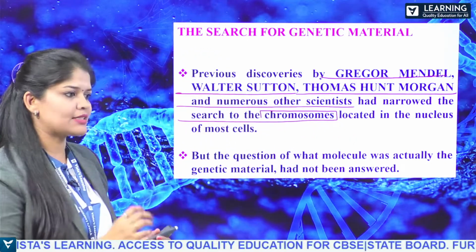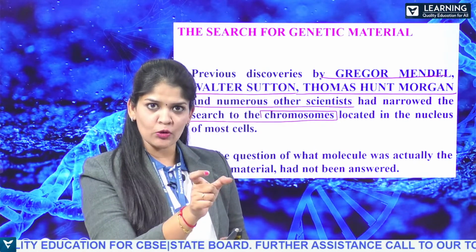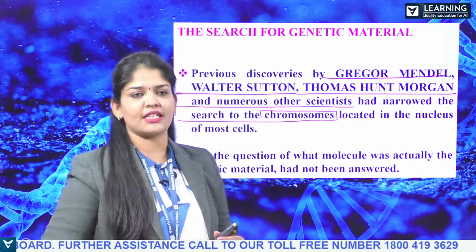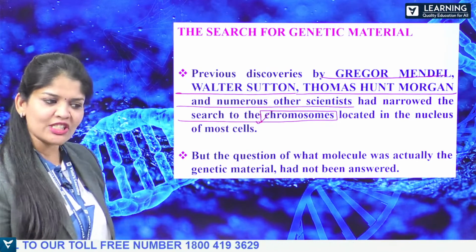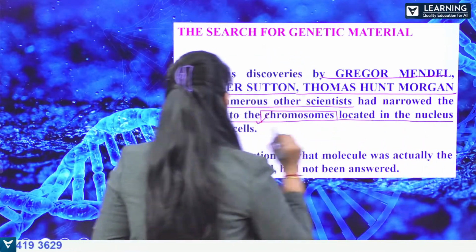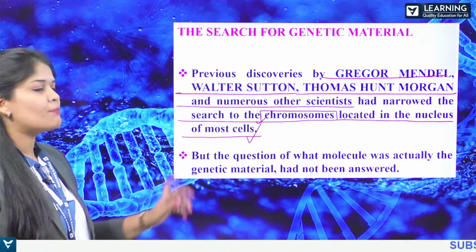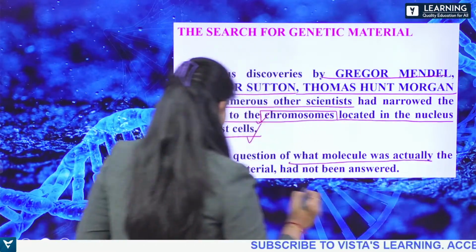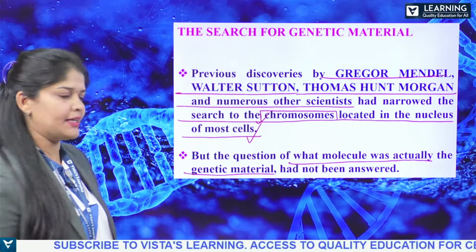The search reached the point that the genetic material is present in the cell, and then that it is present inside the nucleus of the cell. That means it is narrowed down to the chromosome, which is located in the nucleus of most cells. But the question was what molecule was actually acting as the genetic material. That was not answered yet.